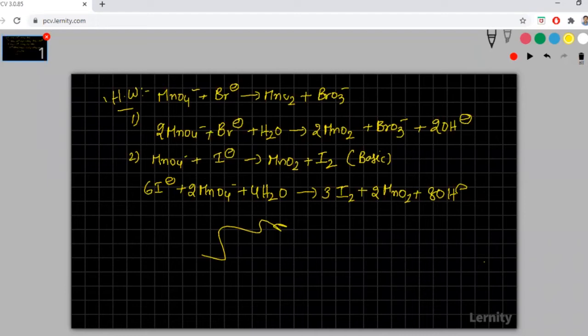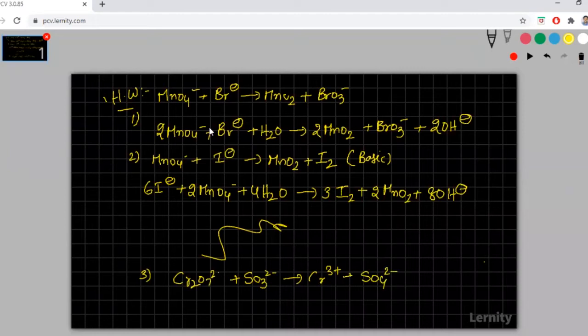And the third problem is, so can you check what is the third problem? Okay, the third problem is Cr2O7 2 minus plus SO3 2 minus gives Cr3 plus SO4 2 minus.